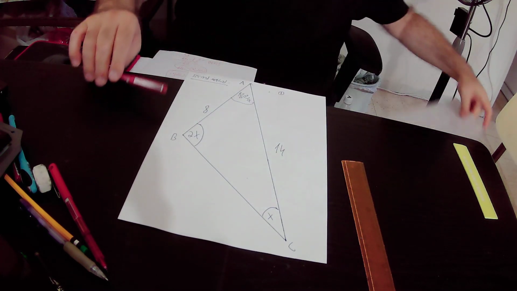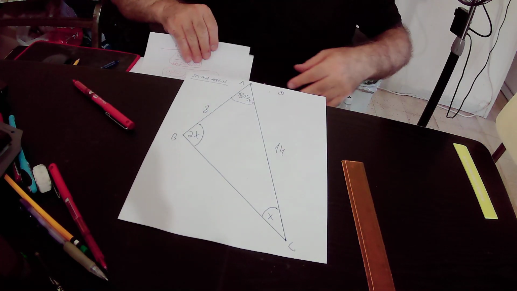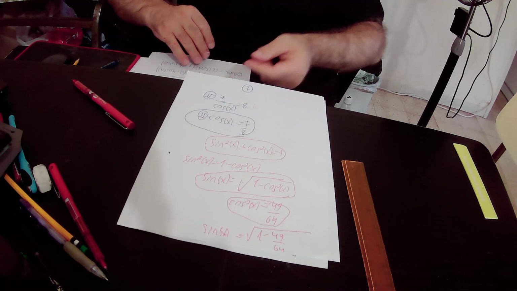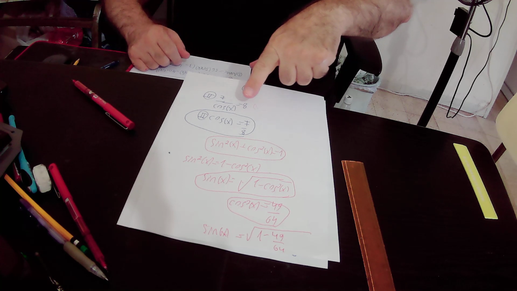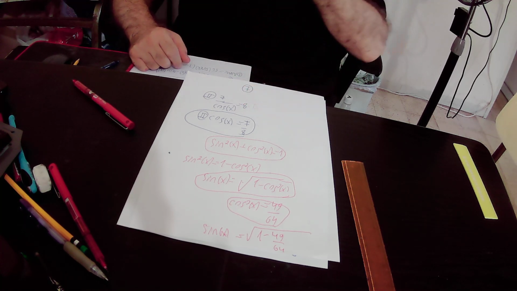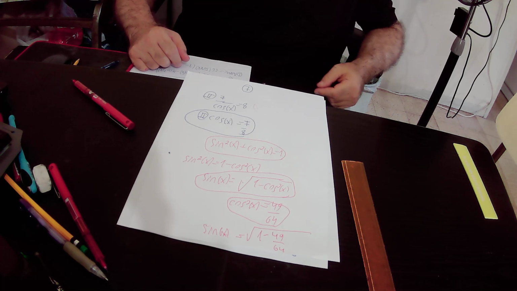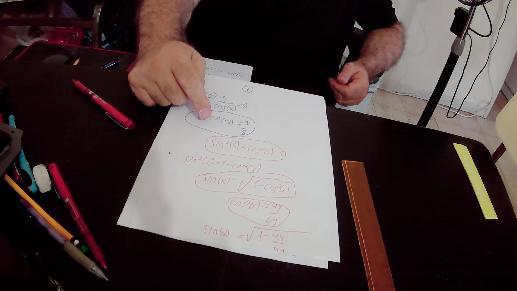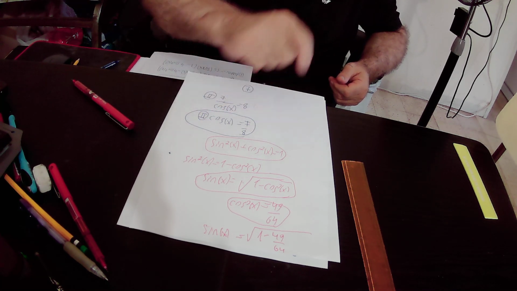And we got that 7 over cosine x equals 8. From this equality we got that cosine x equals 7 over 8, and we have the trigonometric identity that states that sine square x plus cosine square x equals 1.